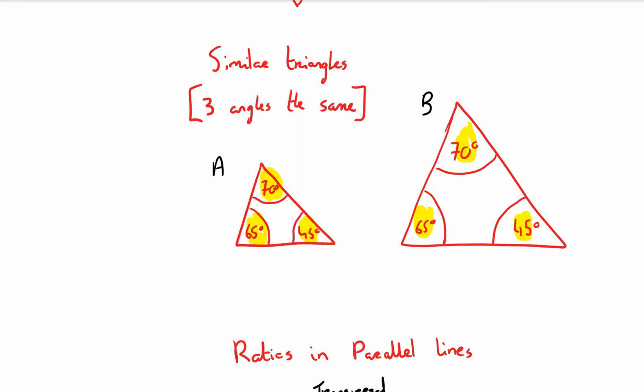And just because the 70 is on top here, the 70 is on top here, and 65 is here, and 65 is here, and 45 is here, and 45 is there, that actually doesn't make a difference. As long as we can find three angles that are the same, we can say they're similar. They may be congruent, but they may not be. Okay? In this case, these angles are definitely not congruent because one is smaller than the other, so they're not the same. So what similar triangles are is having the same angles, yet one may be bigger or smaller than the other.